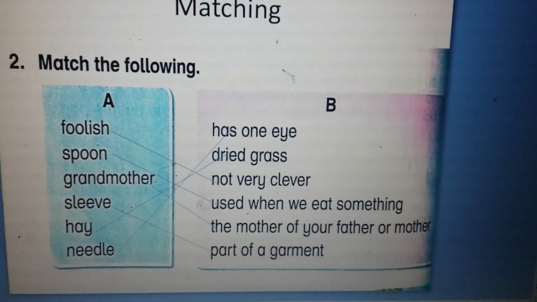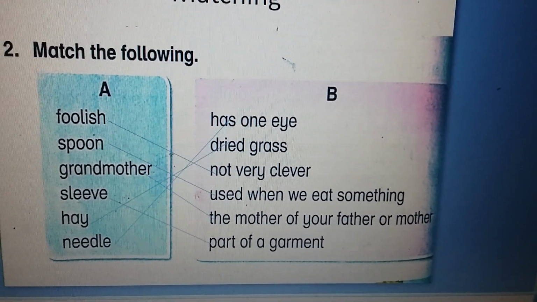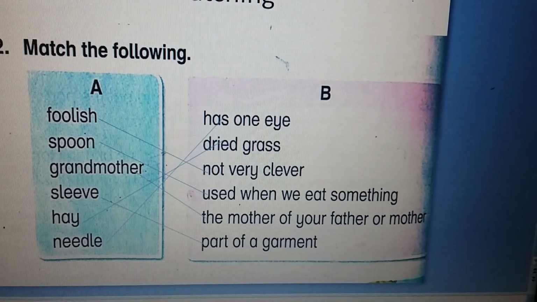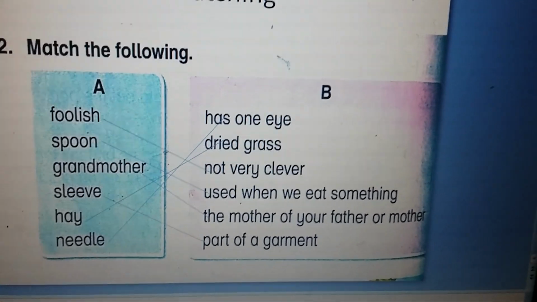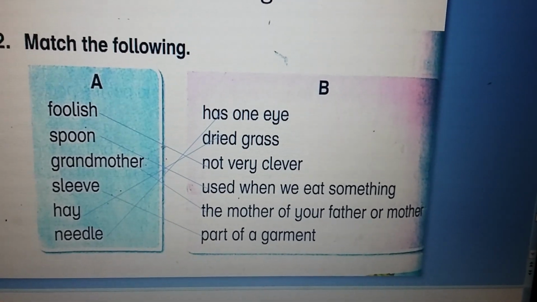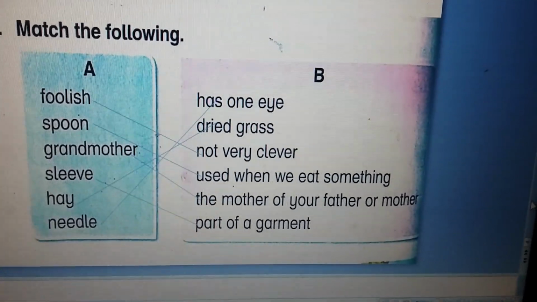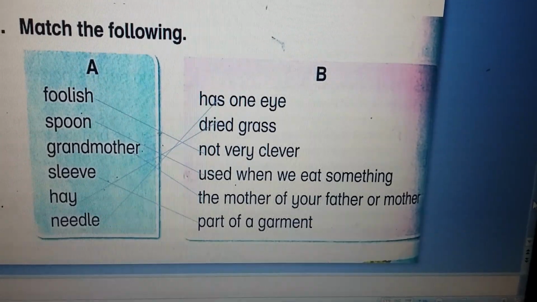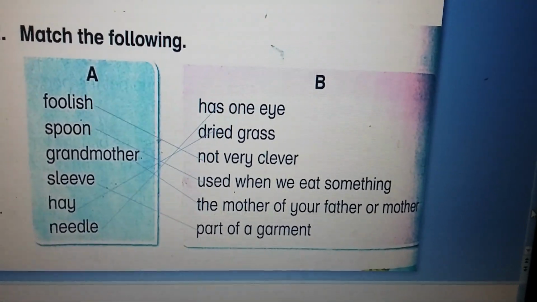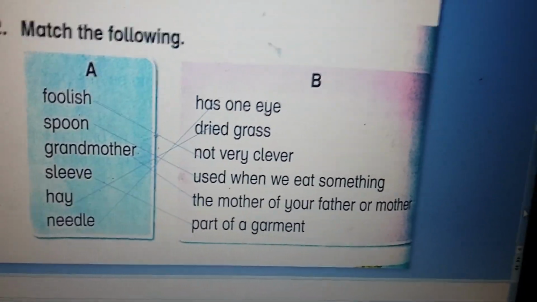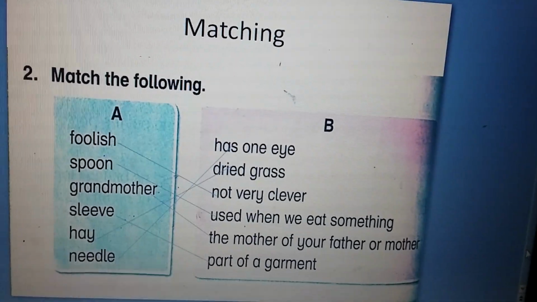You have to do this matching in your book. Okay, now I am reading. Foolish is not very clever. Spoon, used when we eat something. Grandmother, mother of your father or mother. Sleeve, part of the garment. And hay, dried grass. Needle, has one eye.